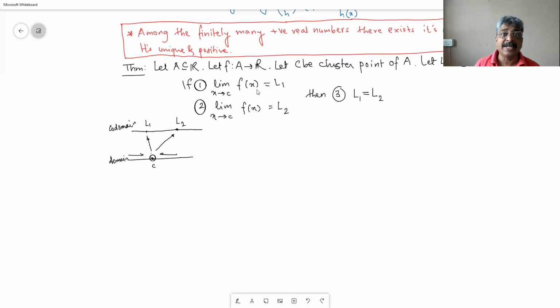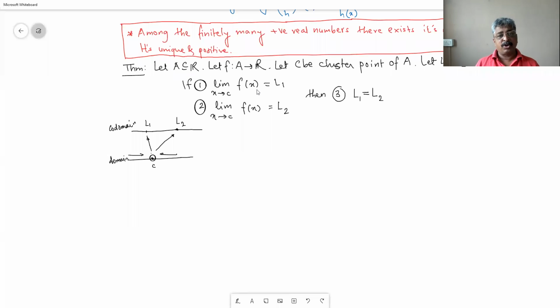So if we say the limit exists and is equal to L1, and also equal to L2, of course L1 and L2 must be the same. Otherwise, for all intuitive reasons, it defeats the definition of function itself.